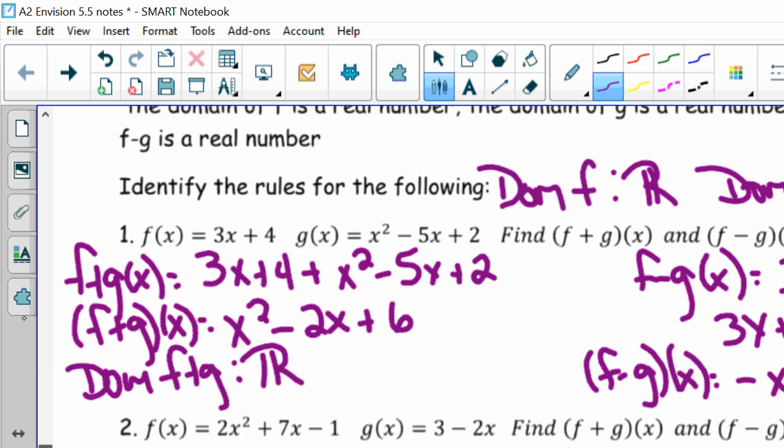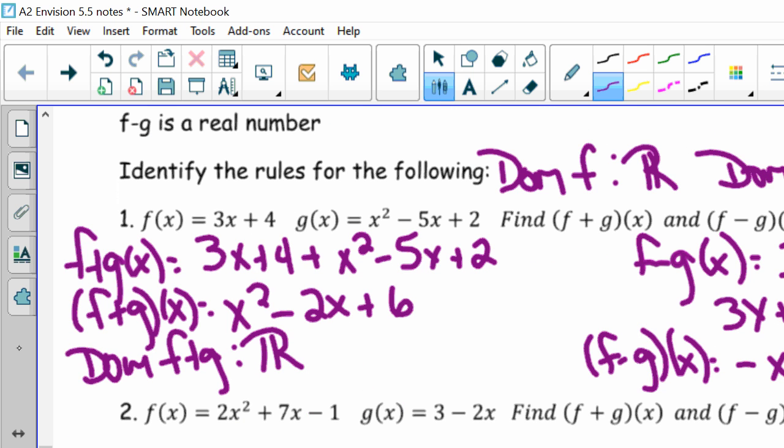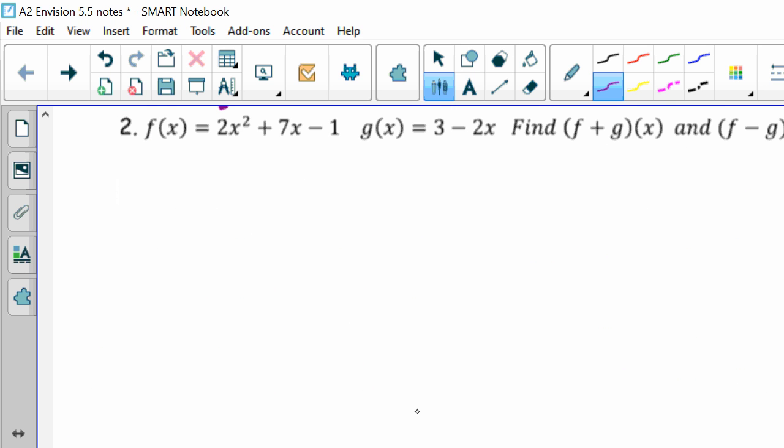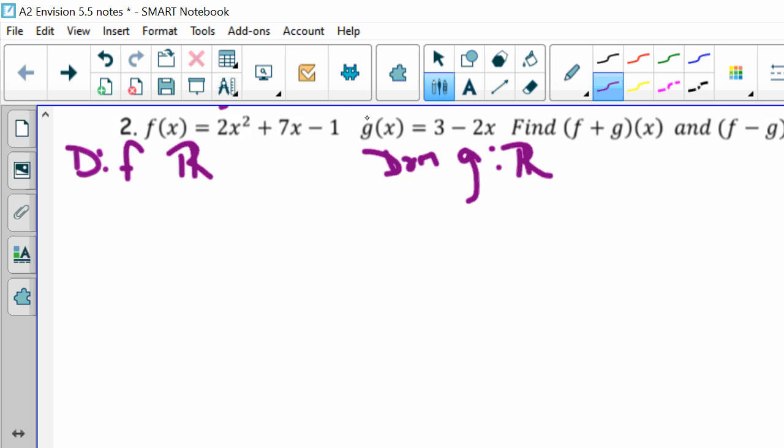Okay, so let's practice that again. Number 2: f of x equals 2x squared plus 7x minus 1, g of x equals 3 minus 2x. Again, my domain of f is all reals because it's a parabola. My domain of g, another line, all reals.